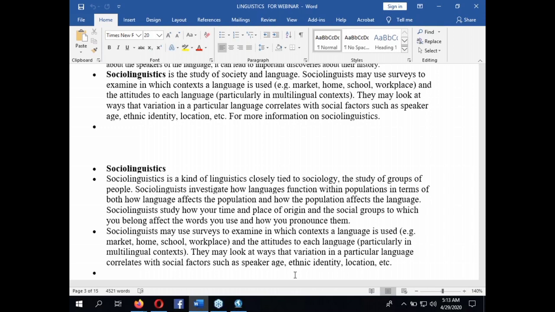So this is why sociolinguistics helps us to know why people speak the way they do. Some people's usage is affected maybe by their diction, their accents. These are the things that could easily be revealed by sociolinguistics.